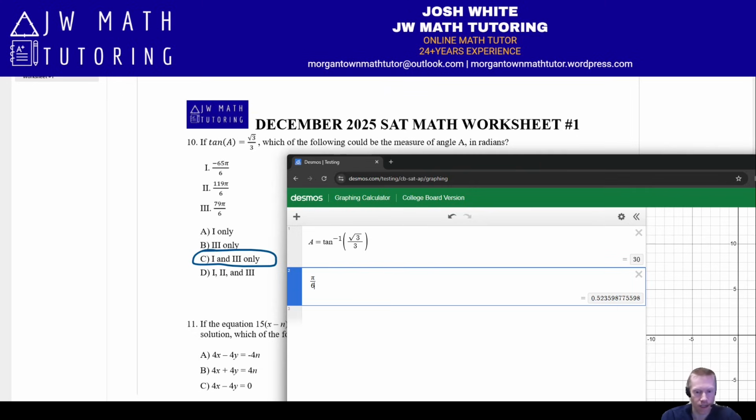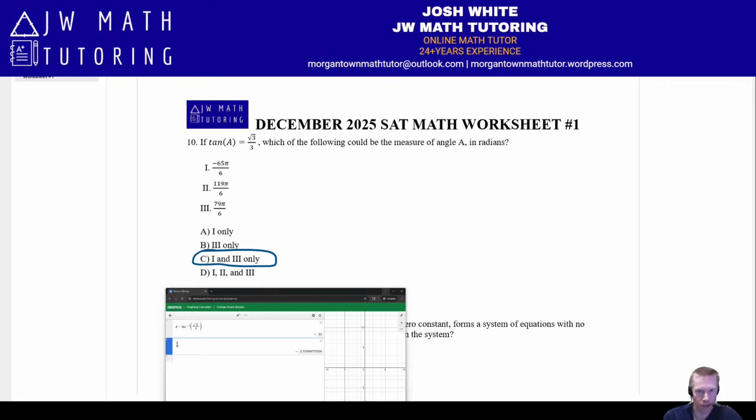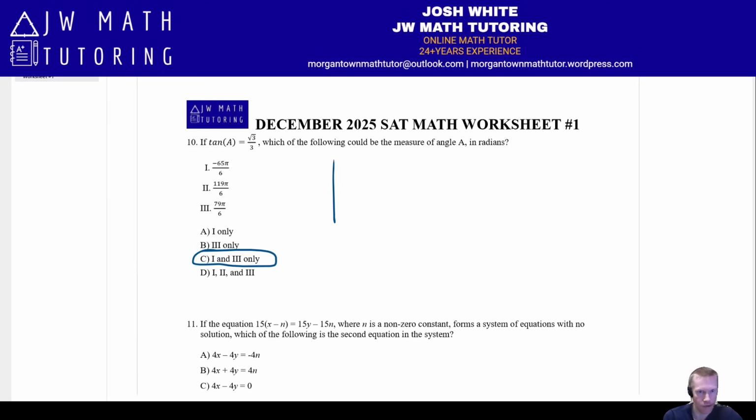Okay. So the question here is, basically, if pi over 6 radians is our quadrant 1 reference angle, which of these is equivalent to it? And you think about tangent, right? Think about ASTC. Tangent will be positive in quadrant 1 and quadrant 3.